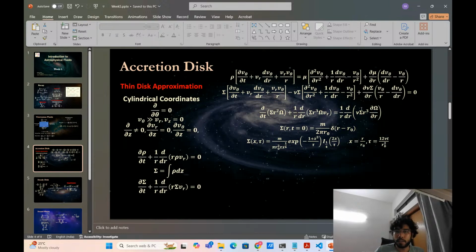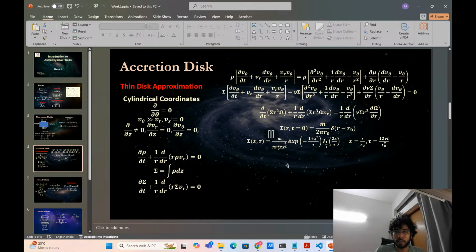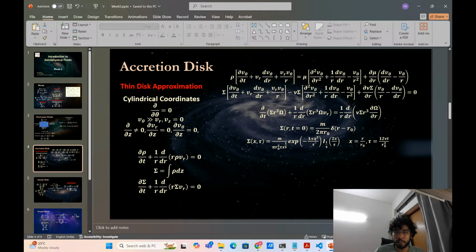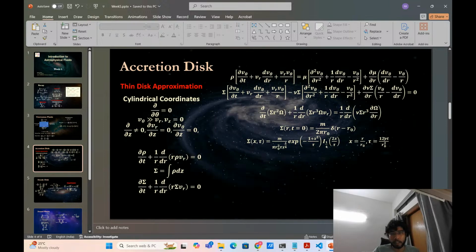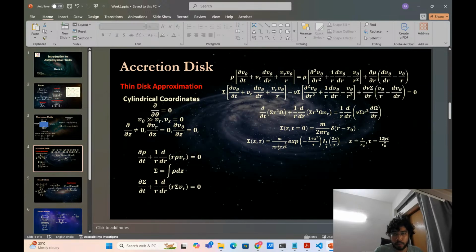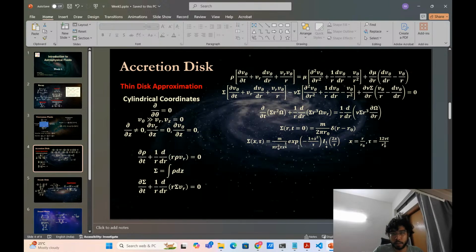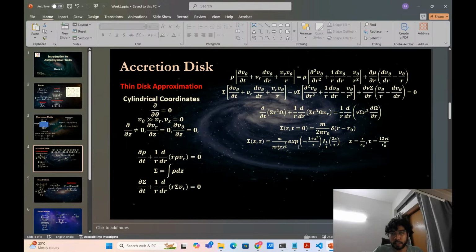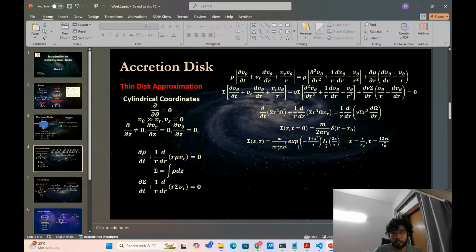So this is how you can see that viscosity can play a major role in the evolution of such systems. For example, this tau factor is directly proportional to viscosity. If you have a greater tau, you can see from this expression that this is exponential of -1 by tau, right? So if the viscosity is more, the spreading of the matter will be more and more.